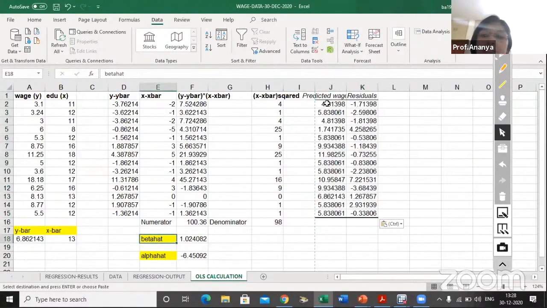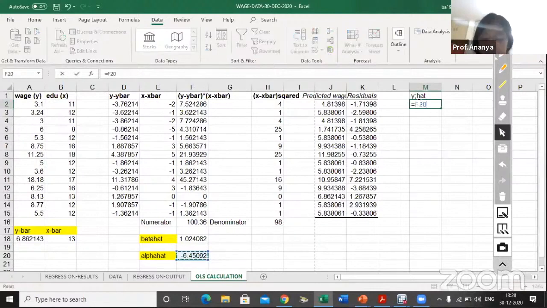So what are the predicted values? The predicted values are also called y hat. So what is this y hat? It is equal to alpha hat plus beta hat times x.